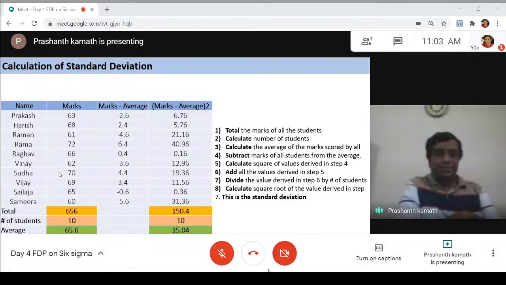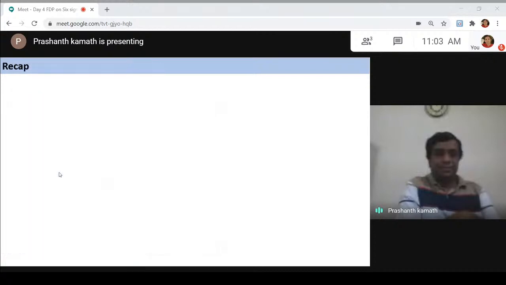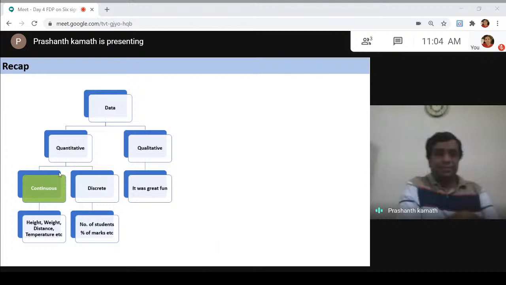Okay, then comes the recap. What we have learned so far. Okay, first we saw what we mean by quantitative data, what qualitative data is, and why we don't take qualitative data in Six Sigma.